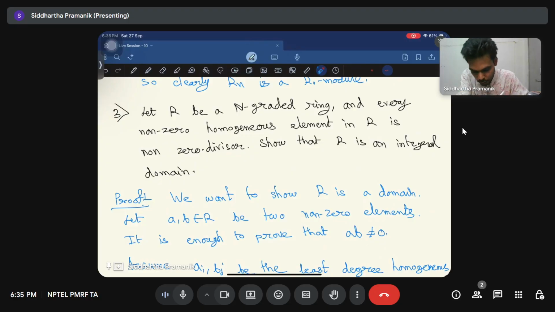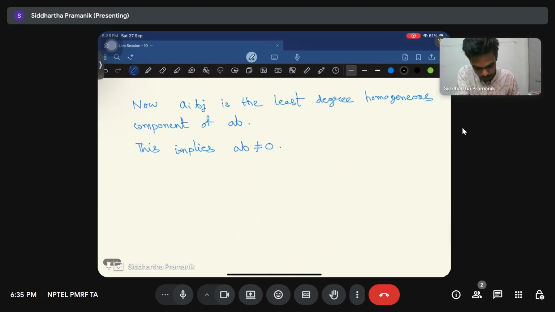Now let's use this result to prove a result for prime ideals. So it is problem number 4.